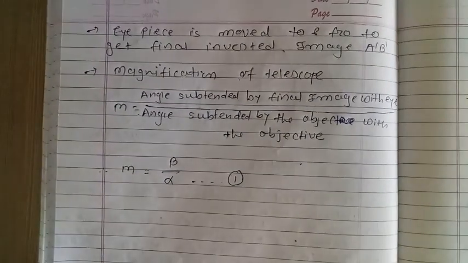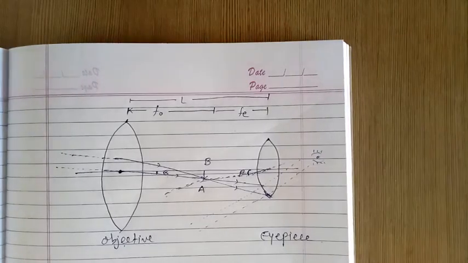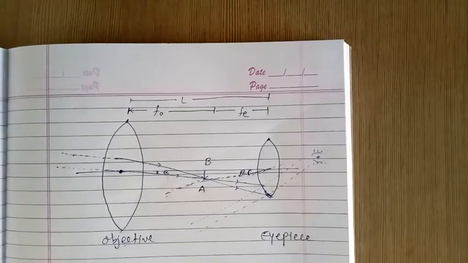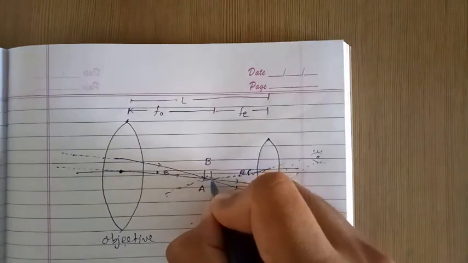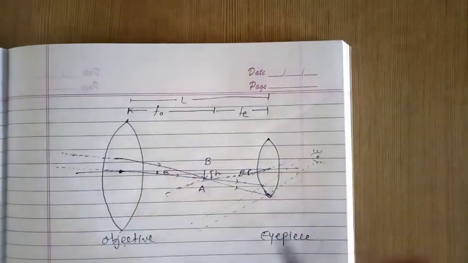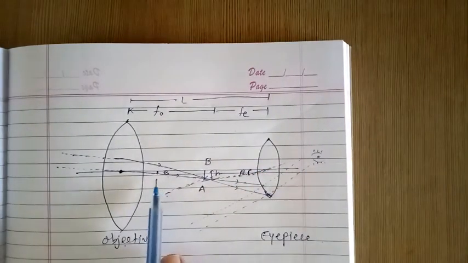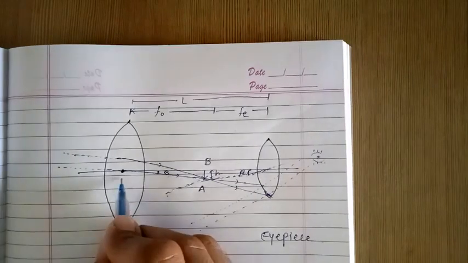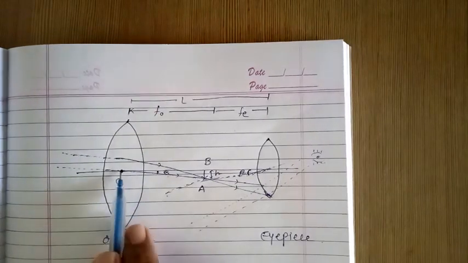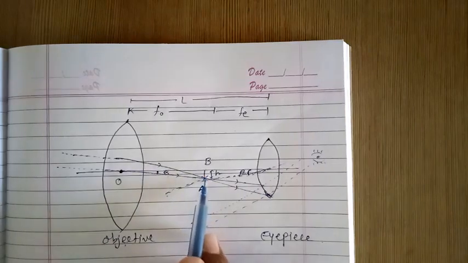Now see, we have to find out the value of alpha and beta. Suppose we assume the height of the image is h. See the triangle, suppose I denote this point by O. See this triangle OBA.